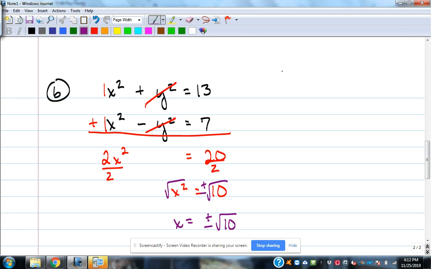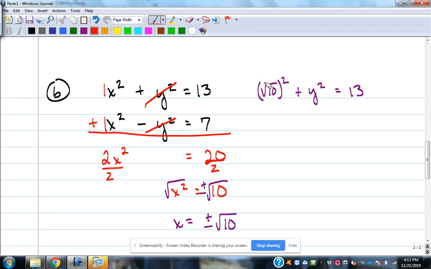So what I'm going to do is plug in the positive square root of 10. I'm just going to go to the first equation because it's got all positives in it. That may be the easiest one. I don't know. Really, neither one of them are real pretty. But if we plug that in there, what happens when you square a square root?